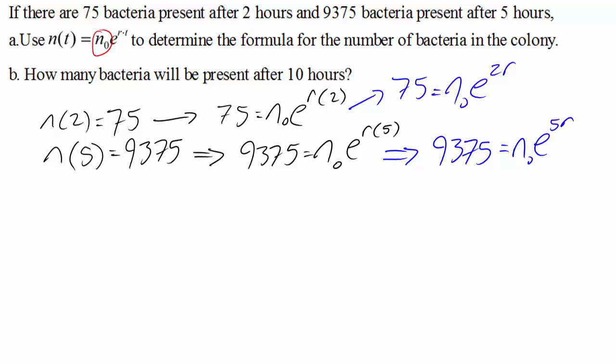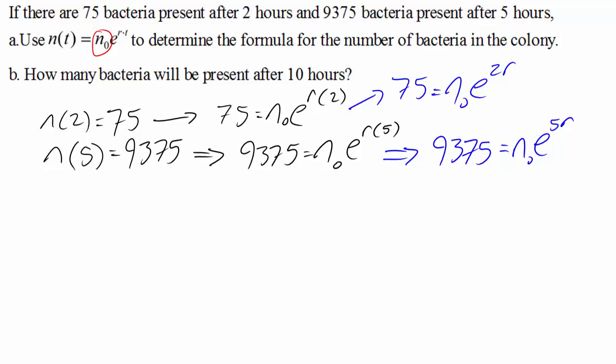Alright, so now this is, I would call this irritating, because we've got these N sub 0s and r's both present in both equations, and so we can't directly solve either of the two equations for one of those two variables. But what we can do is use what we've got to set up a substitution.